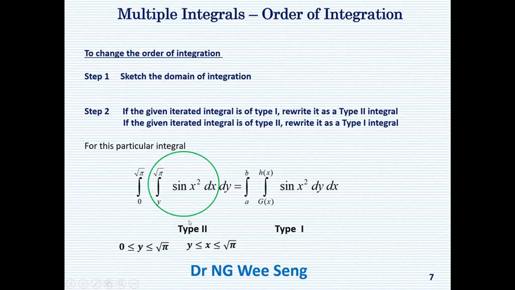The particular integral is of type 2 because in this integral, x lies between two functions of y, while y lies between two numbers. The one with numbers will always be the outer integral. And our job is to change it to type 1, where x lies between two numbers. What they are, we have to determine after step 1. And y will lie between two functions.